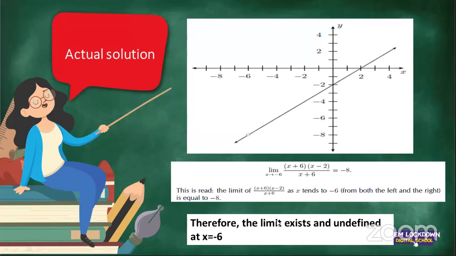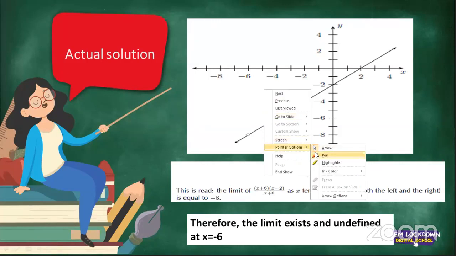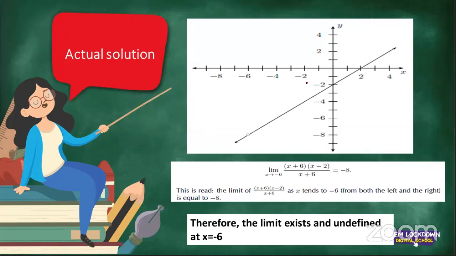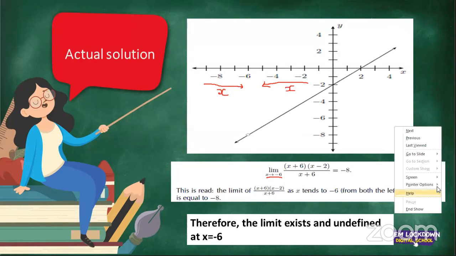But then our limit exists. So that's why, let me show. So this is your x value, the value that x is approaching, which is this part, and then the value which y is approaching. See, it's a different color.